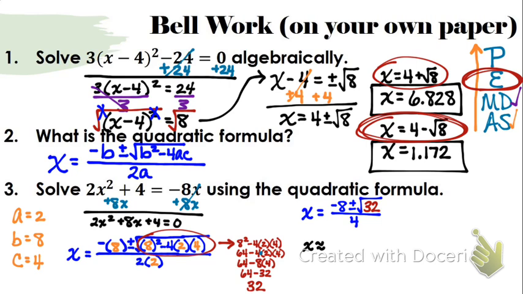Let's do the subtraction one first. What do you get when you do negative 8 minus radical 32 over 4? Negative 8 minus radical 32 all over 4.